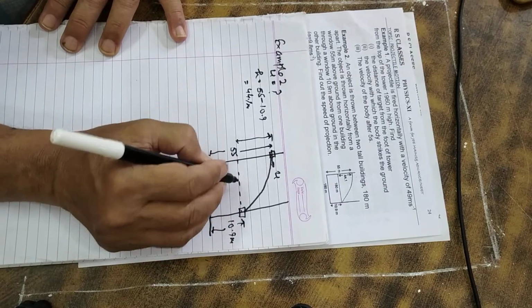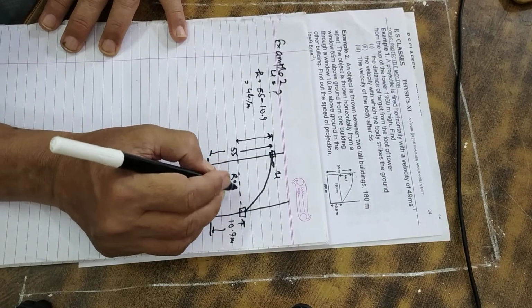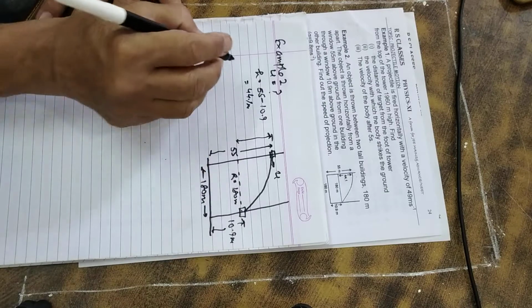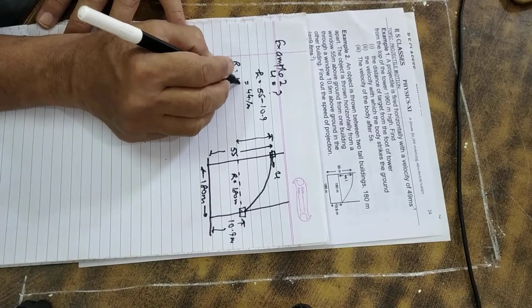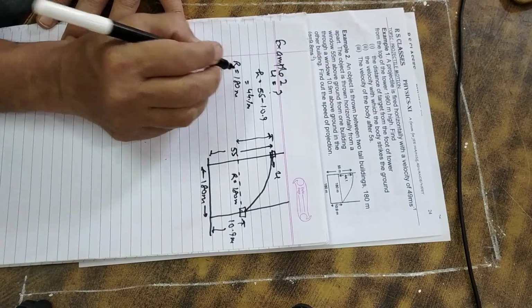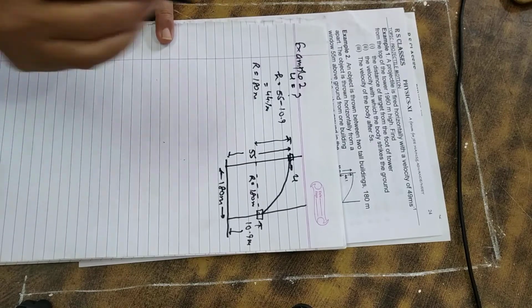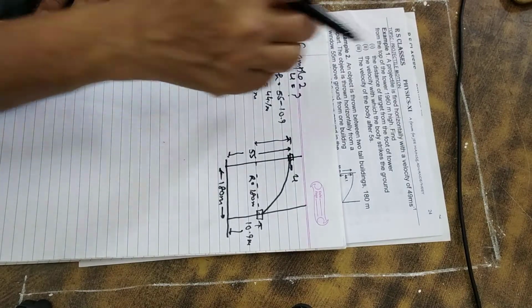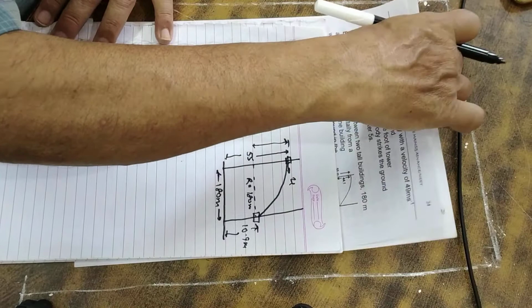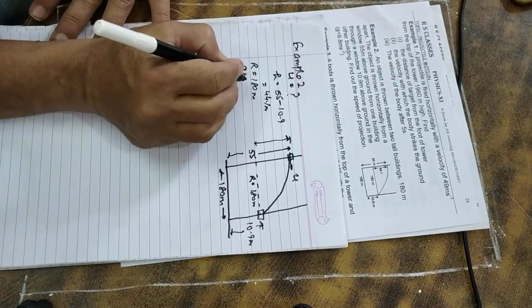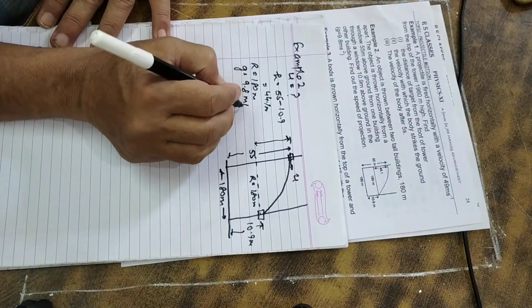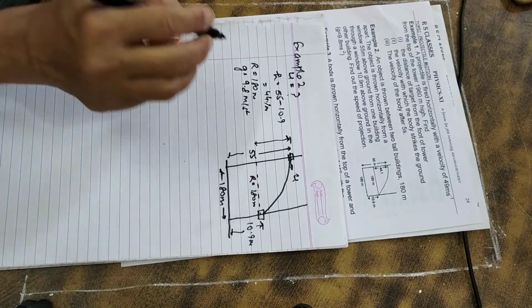And this distance between the two buildings, what is this? This is the horizontal range. We are given R. R is given 180 meters, and g is also given in the question, 9.8 meters per second squared. Now we have to find u.